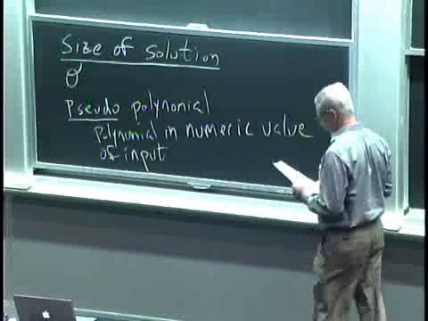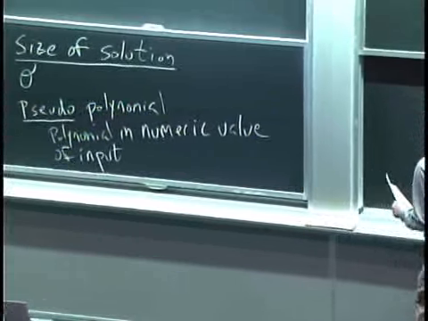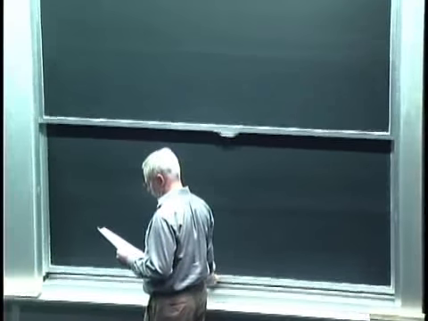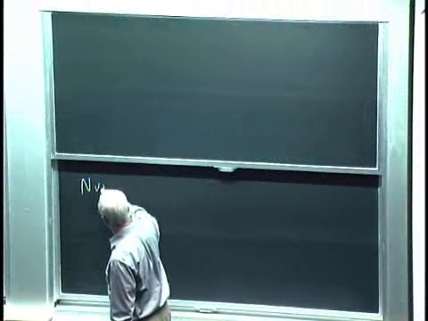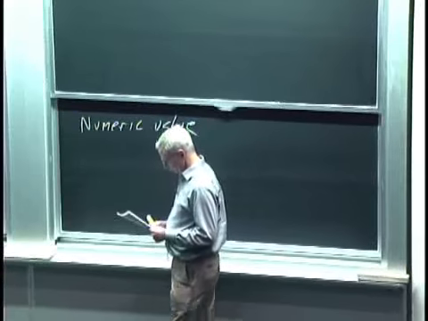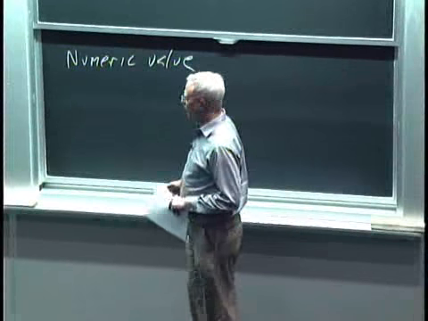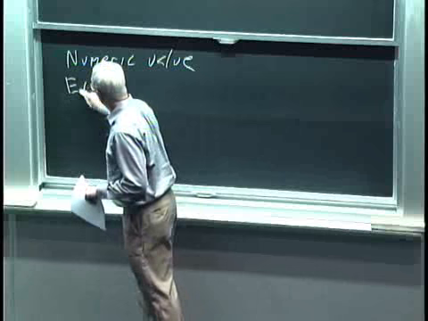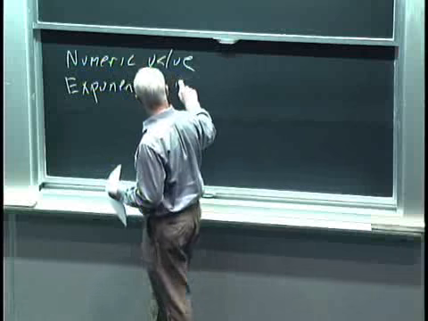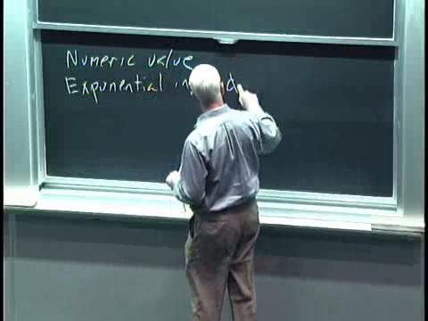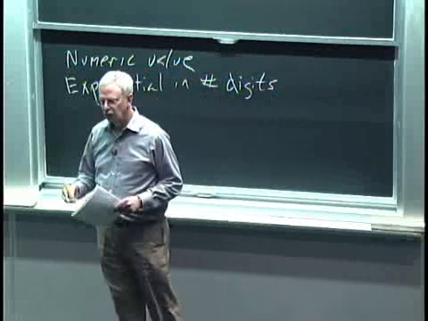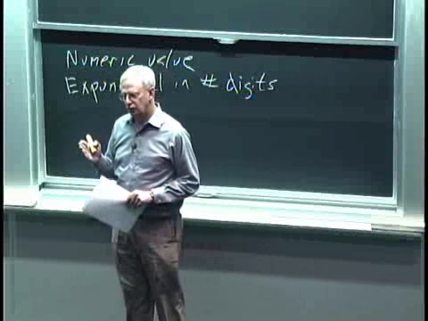Now, the key issue to think about here is that as we look at this kind of thing, if we look at a numeric value, we know that that's exponential in the number of digits. So that's a key thing to think about, right?